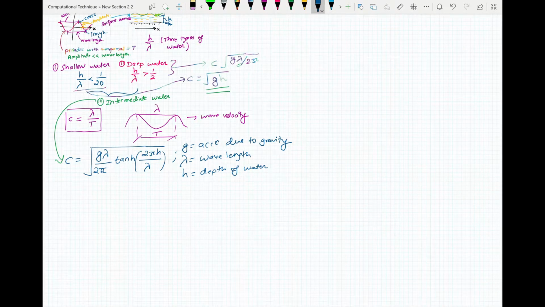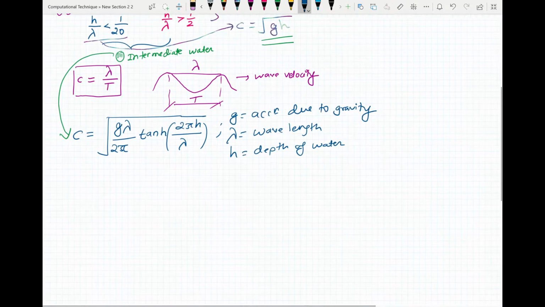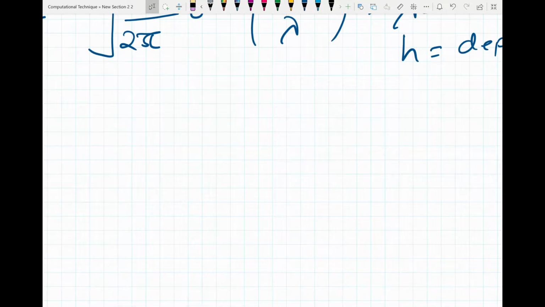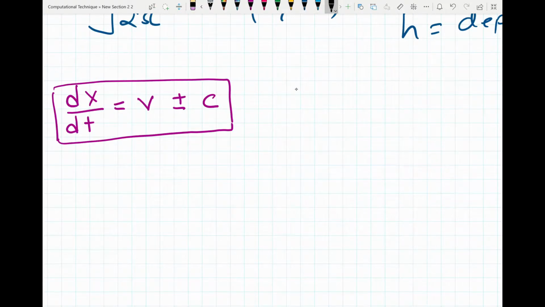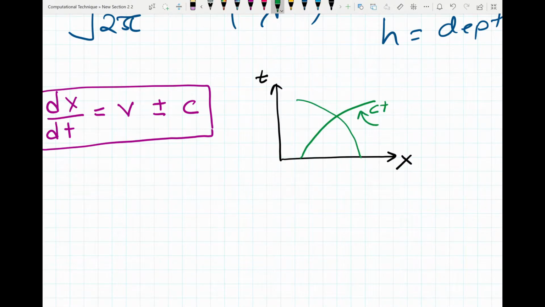So this was about the celerity of the wave. Now let's move into our characteristic equation. If you plot this equation, if this was the x-axis and this was the t-axis, then you may get a curve which may look something like this, where this one represents v plus c and this one represents v minus c.